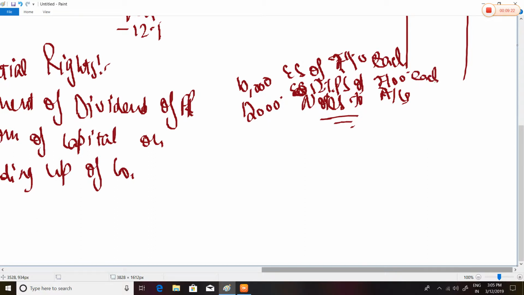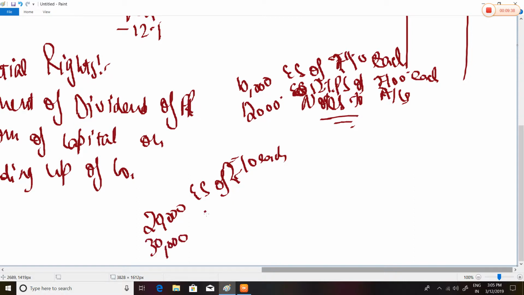The authorized share capital of the company, let's say, is 20,000 equity shares of rupees 10 each, and 30,000 12% preference shares of rupees 100 each.